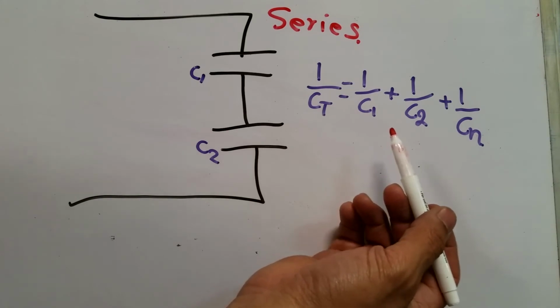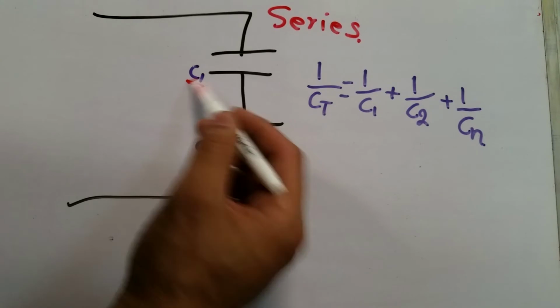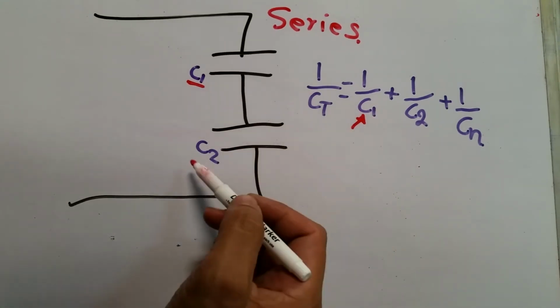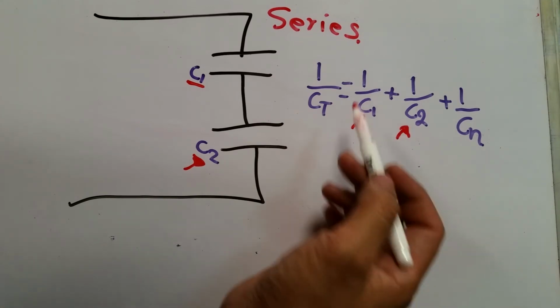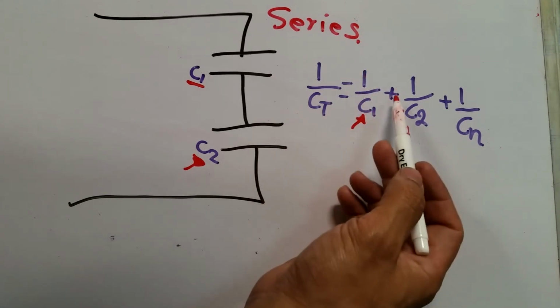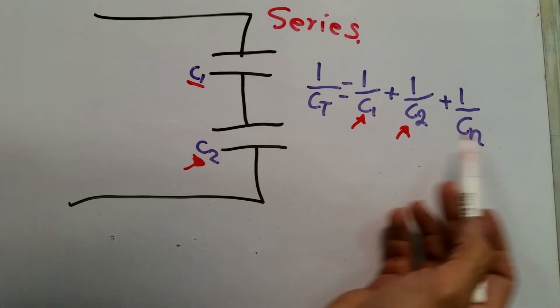If you use this formula over here, we just plug in whatever value we are given for this one and for that one, and we take 1 divided by that, and add that to 1 divided by the other, and if we have more, we continue the same way.